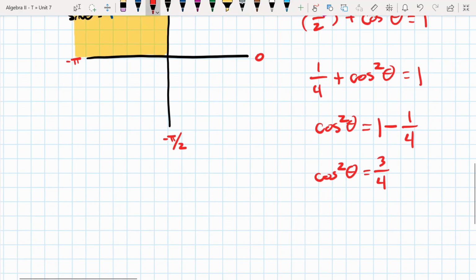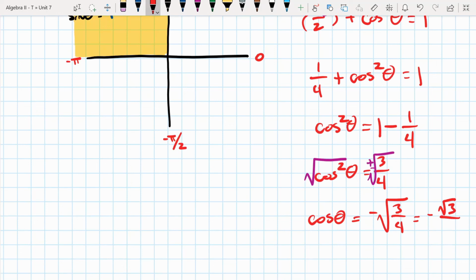And now we're going to take the square root of both sides here. Plus or minus. So cosine theta is equal to, well, it's going to be negative because we're in the second quadrant. Negative square root of 3 over 4, which is the same thing as negative root 3 over 2.